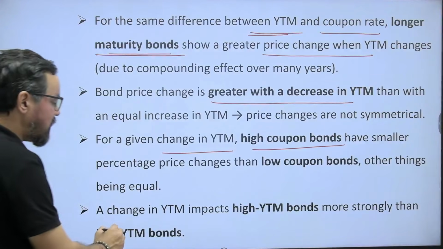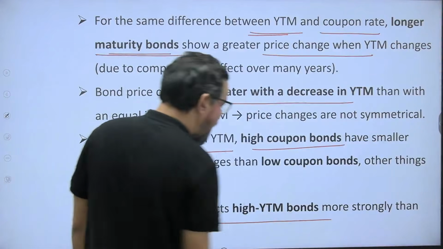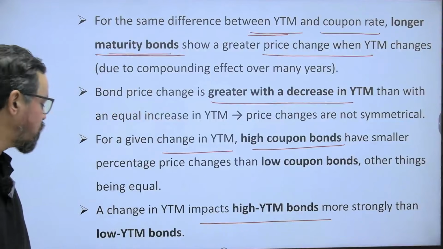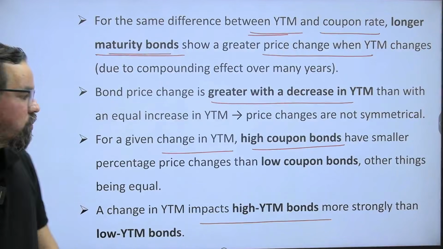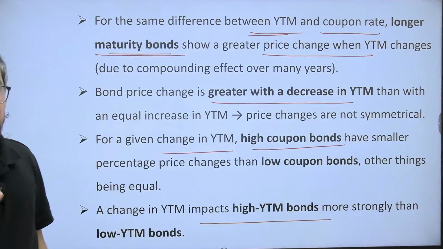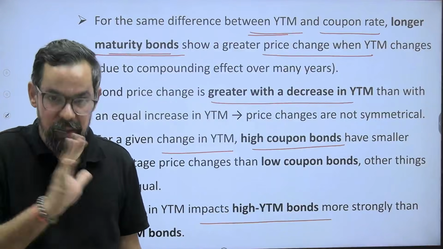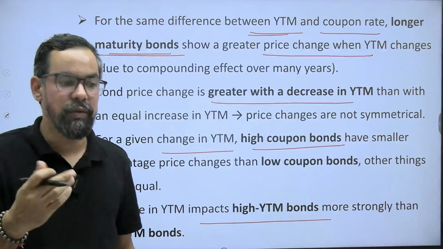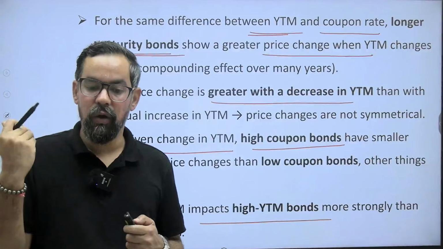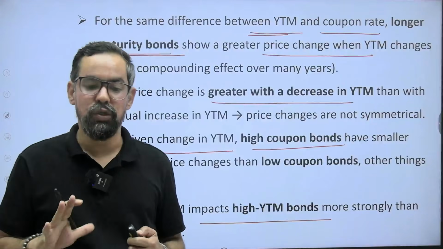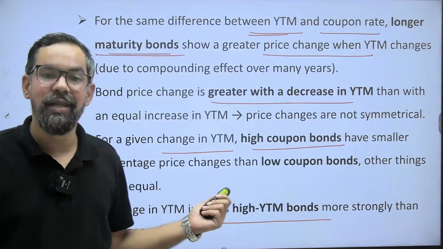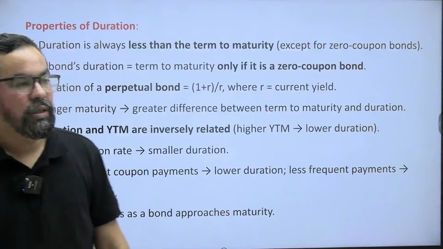A change in YTM impacts high YTM bonds more strongly than the low YTM bonds. Okay? So these are some statements or principles which we try with that conceptual. If you understood those, you will easily be able to infer these. Okay? So you have to remember this.